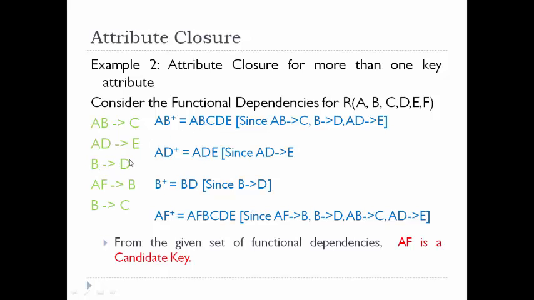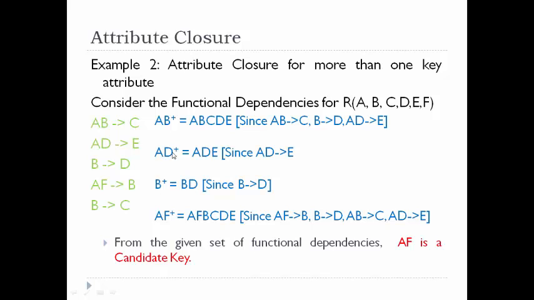Since B is giving D, we can include D along with this, ABCD. Now, since we have AD tends to E, and we already have A and D in this closure, we can arrive at E. So with all these functional dependencies, we have arrived at A, B, C, D, E for AB closure.